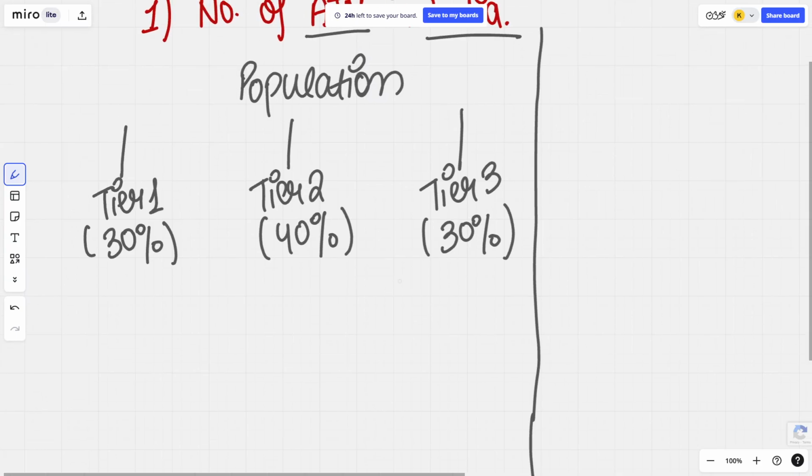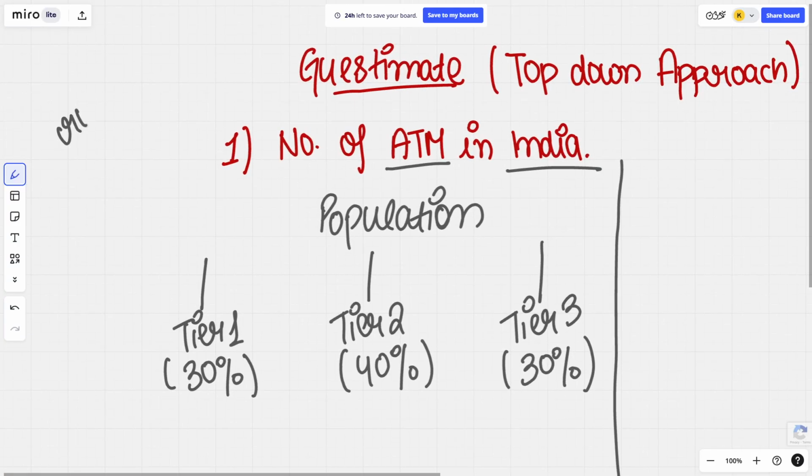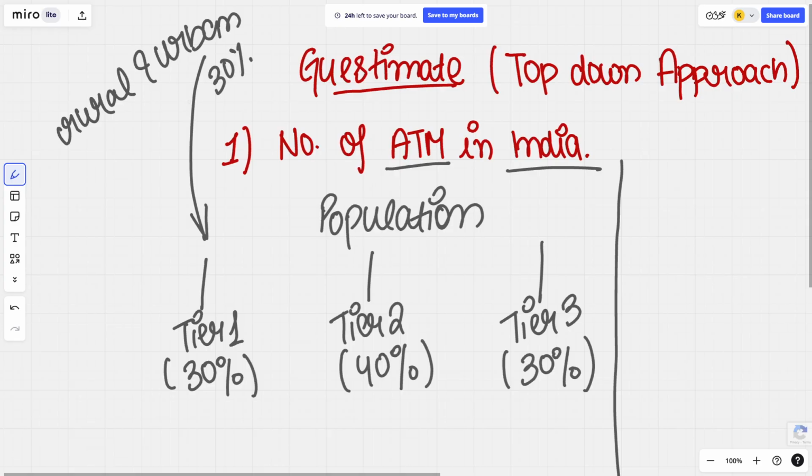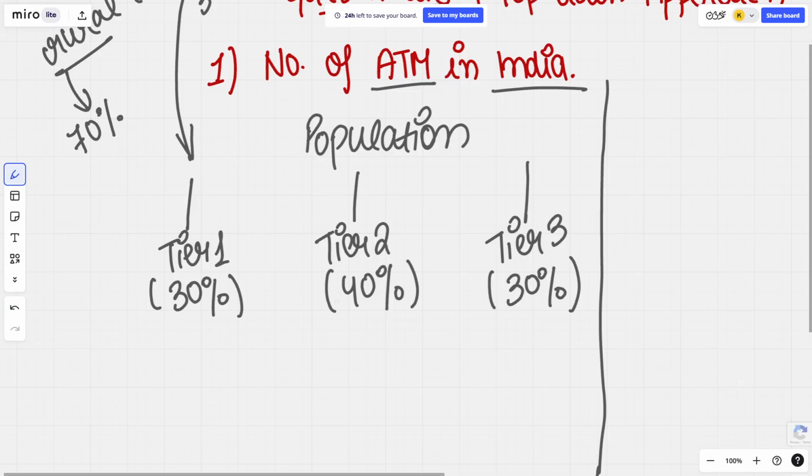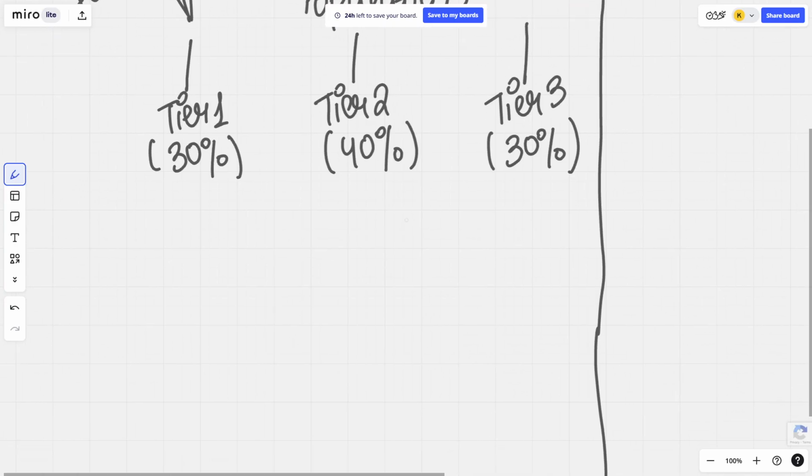If you have done some interviews before, you can see that I have made three segments, and in other questions we generally use rural and urban, and I have used a similar percentage. We generally give urban as 30% and rural as 70%, because I have combined tier 2 and tier 3 as rural. So I have written it in a different form, but we are basically doing the same.